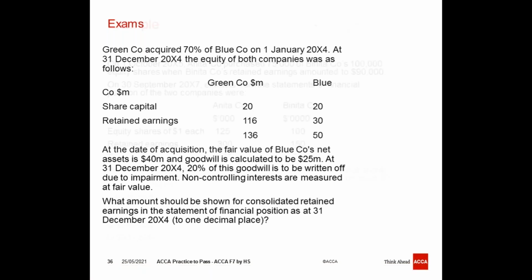So your requirement is to calculate the retained earnings of the green company. First you need to take the retained earnings of the parent company. The parent company's retained earnings is 116. For the subsidiary company, you need to take the post-acquisition profit.